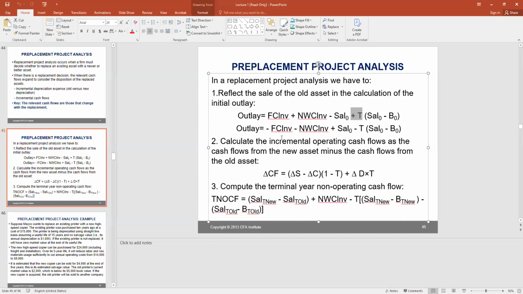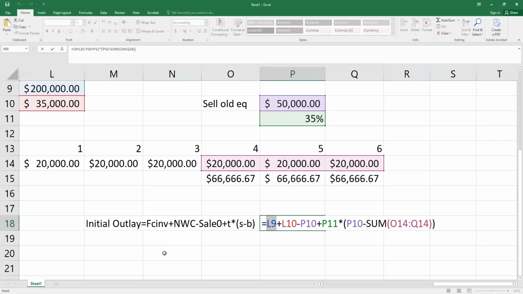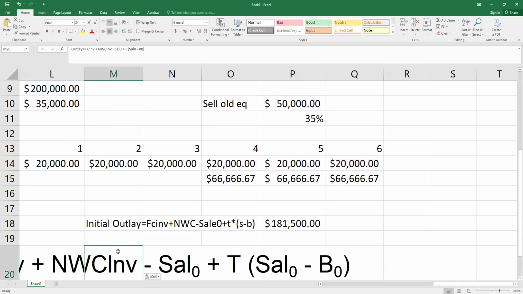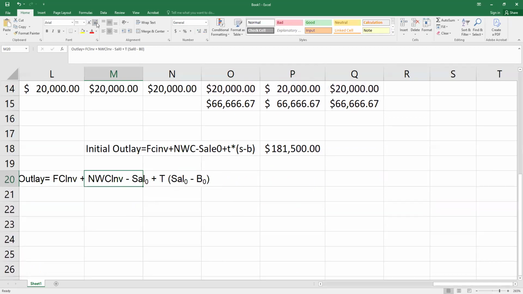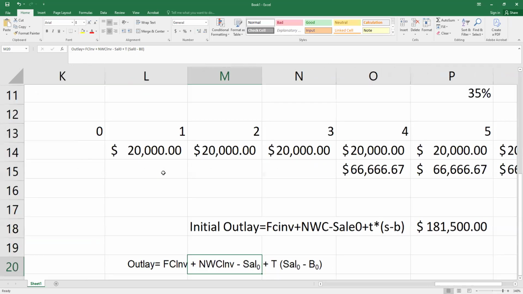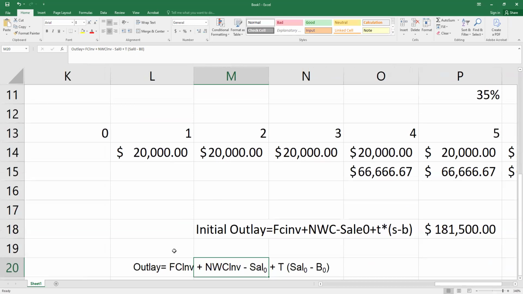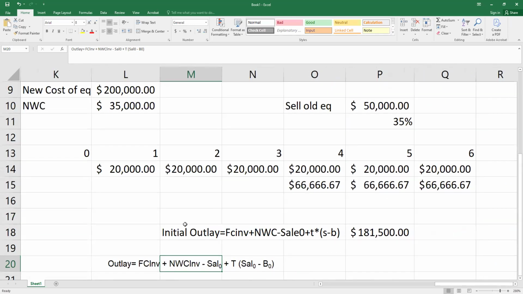Now, again, coming back to this formula. I will copy it and paste it here. Now, my fixed capital investment.